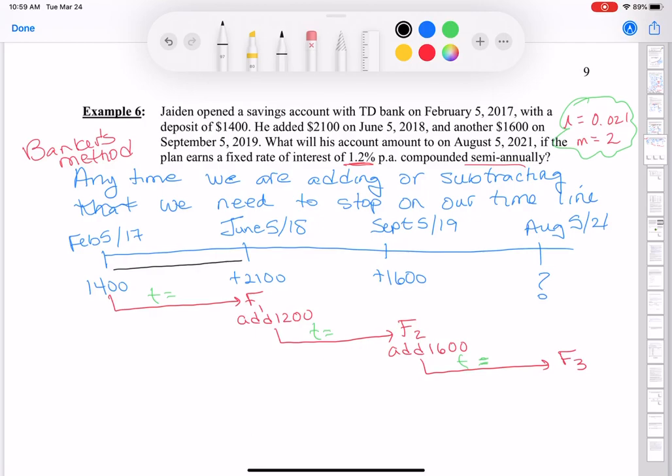All right, so clearly we can count from February to February, because there is one full February cycle. So we have February 5th, 17 to February 5th, 18.